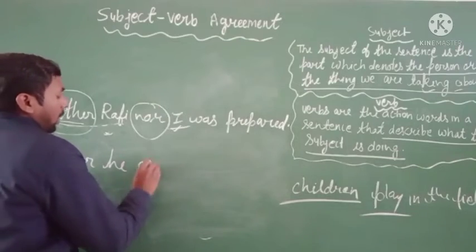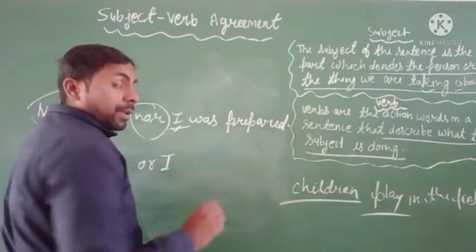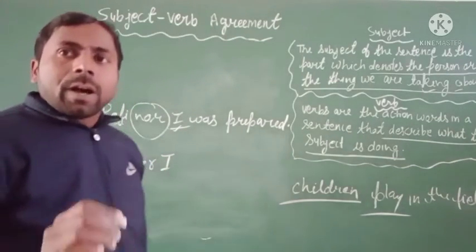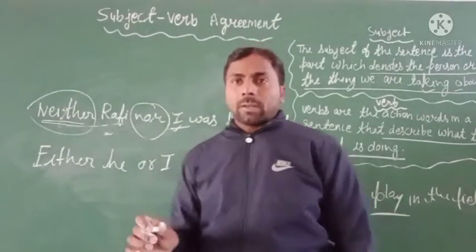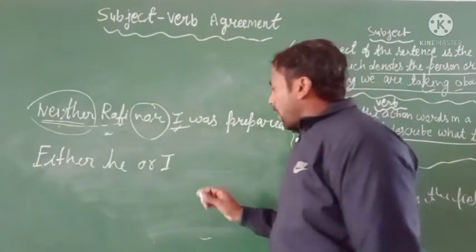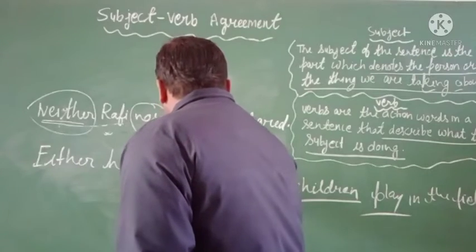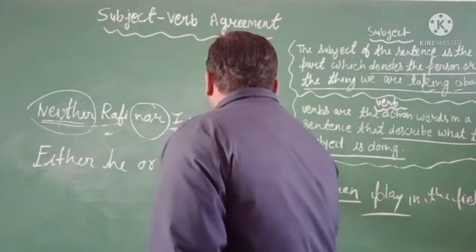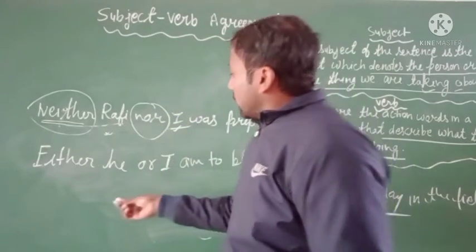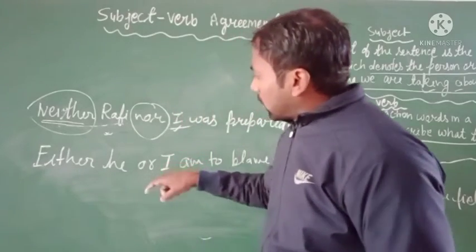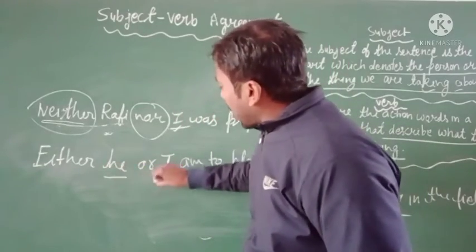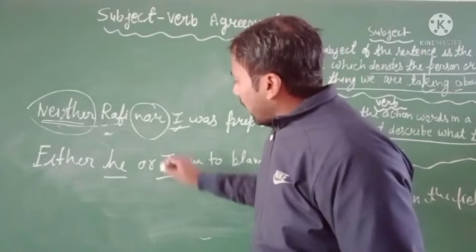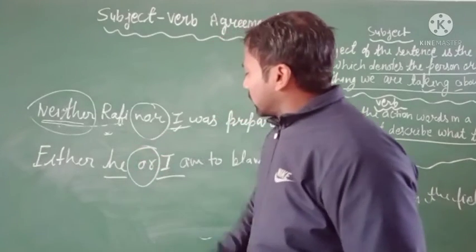You can see there are two subjects, he and I, connected with or.